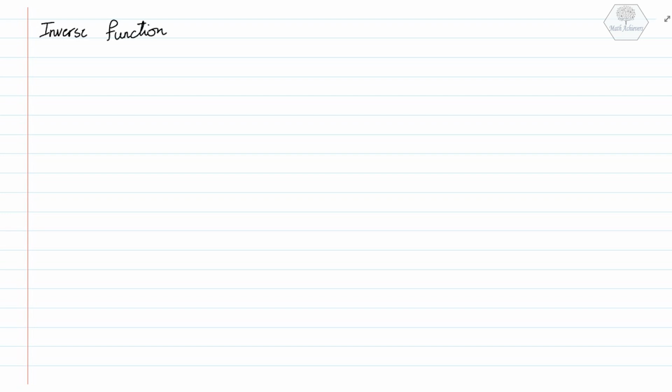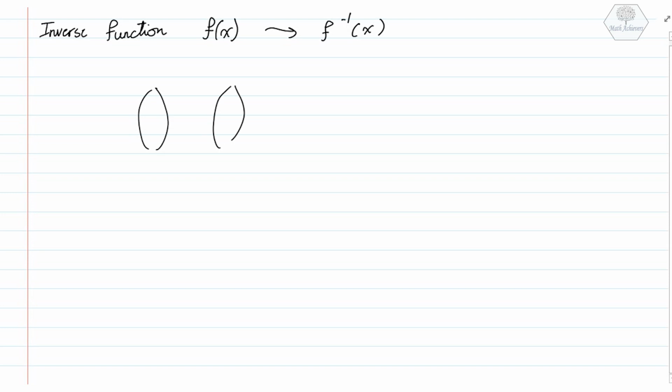The inverse function, we write it, if I have a function f of x, then the inverse of f of x is f inverse of x. Meaning, if I have a domain and a range, this is my domain and this is my range, f inverse of x means I'm changing between the domain and the range.